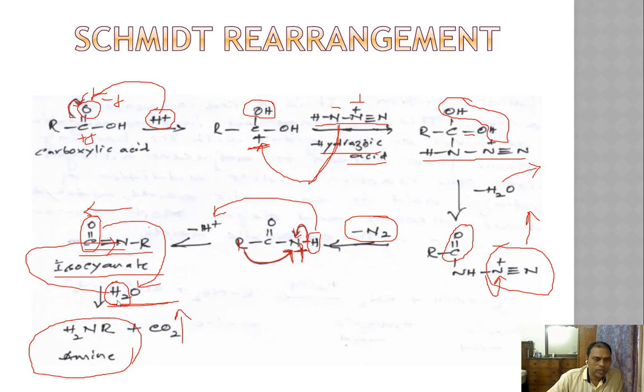Because of the addition of water there, you're going to get H2, and you're going to get the amine. So this is how the carboxylic acid is getting converted to amine in Schmidt's reaction.